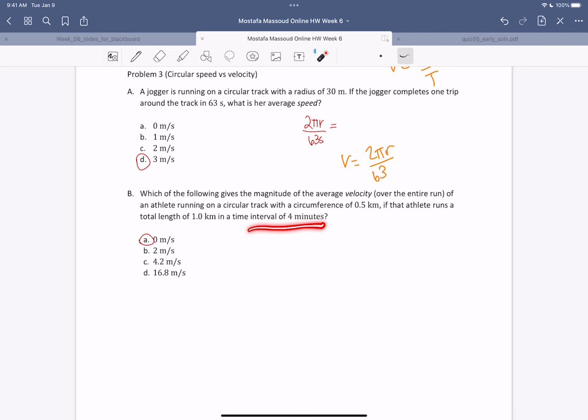And so regardless of how much time they spend running, their velocity is 0, because it's based on displacement over time, not the distance that they traveled. So if it was average speed, for example, then the total length would be 1 kilometer divided by 4 minutes, and we can convert minutes to seconds to get our speed. But since it's velocity, it's concerned with final and initial position. And since they ended up at the same position, it would just be 0.